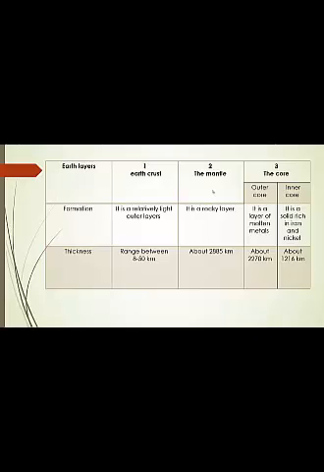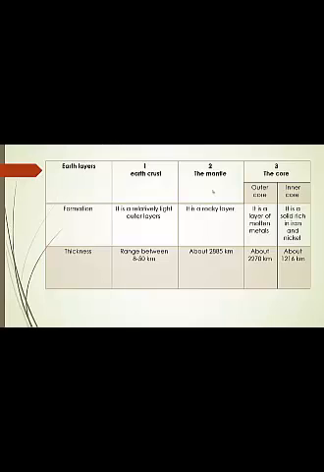Earth layers. Firstly, the Earth's crust. It is a relatively light outer layer. Its thickness ranges between 8 to 50 kilometers.